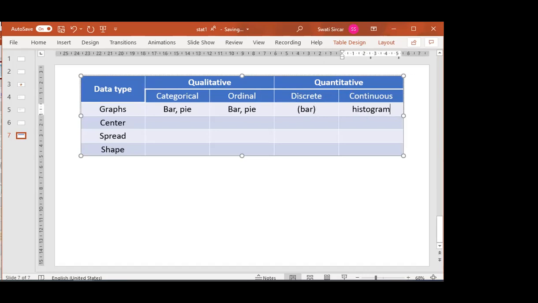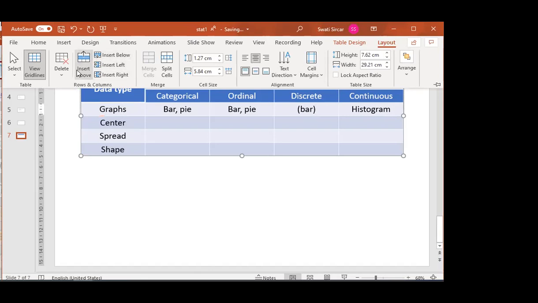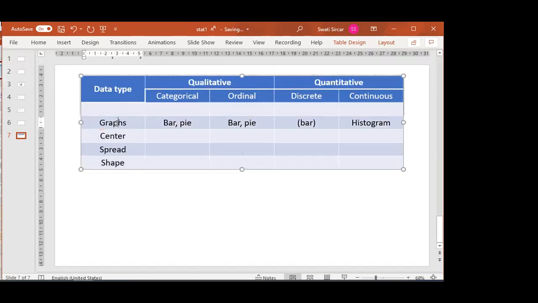Now, here is something. Have 1 second, I'll insert a table, one row. The thing is, in these, you keep it ungrouped. You don't club things together.